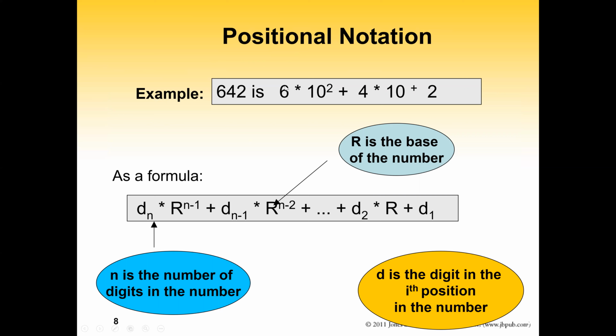So for example, here D is 6, 4, and 2. R, actually we start with the first R here to the power 0, but we know anything to the power 0 is 1. This will be R to the power n minus 2, then n minus 1.